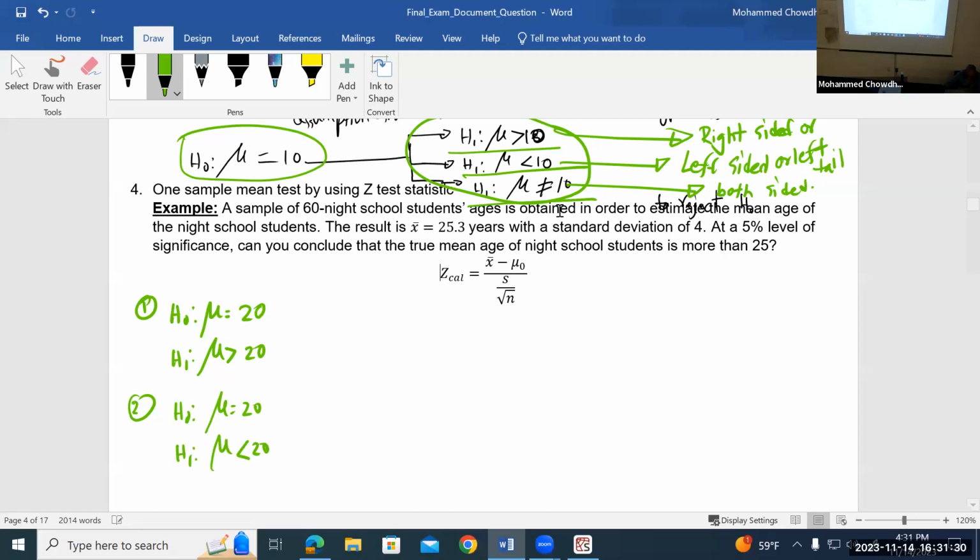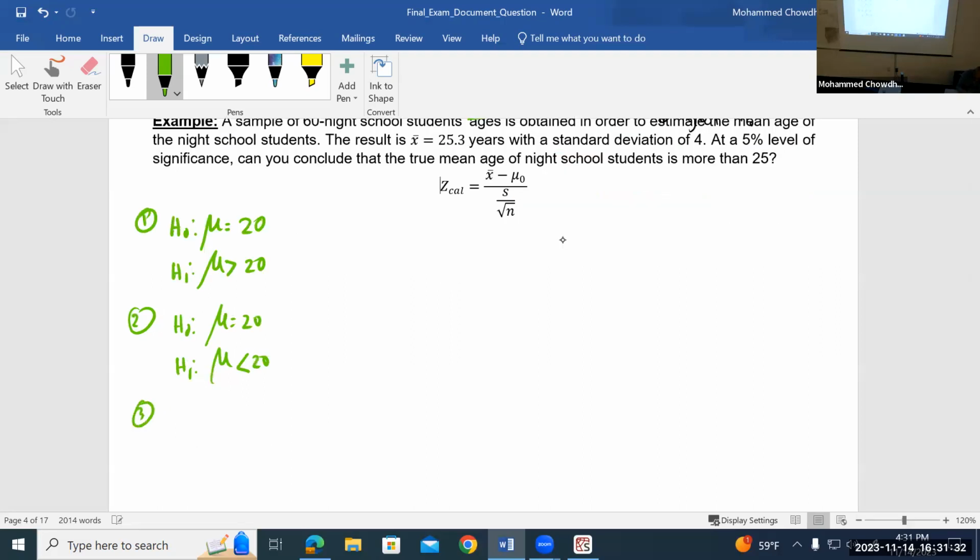Or number 3, H0: mu equal to 20 and H1: mu is not equal to 20. Take a look at the board, please. By reading the question, you have to choose one of the 3.